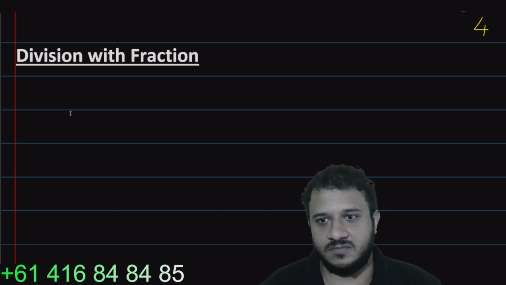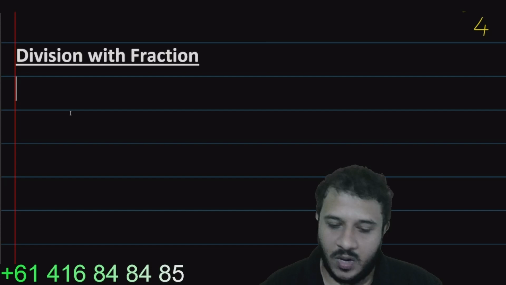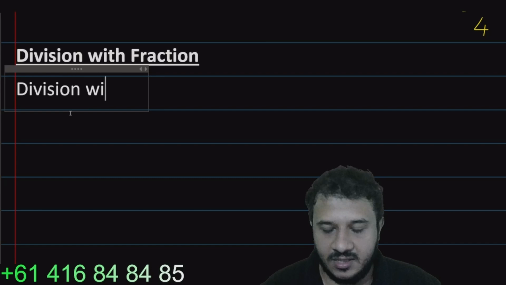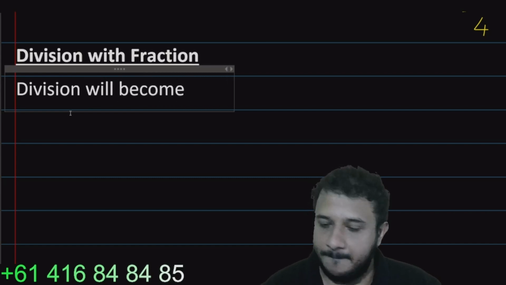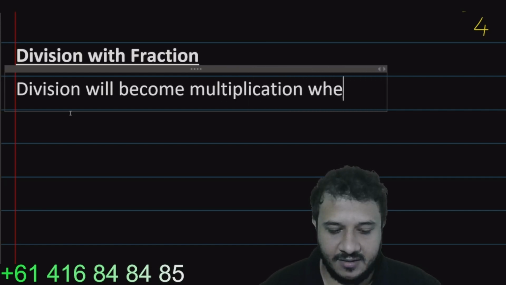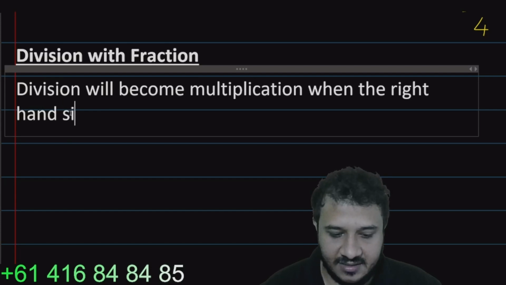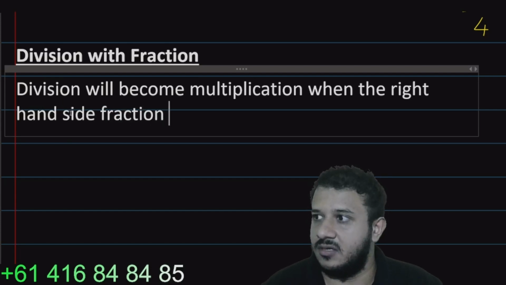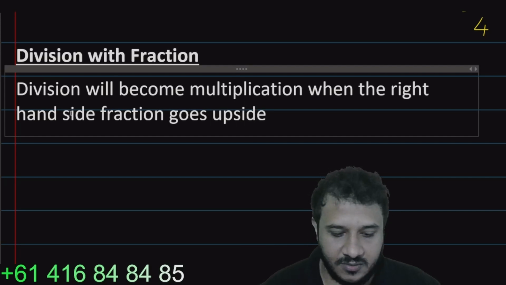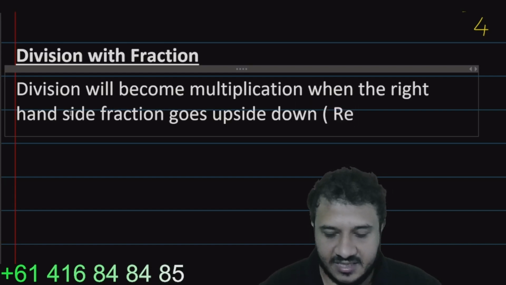Last year, term 1, I think. Alrighty, division with fractions. Division will become multiplication. This is all you need to remember. The right hand side fraction goes upside down, or in other words, the right hand side fraction goes through the process of reciprocal.